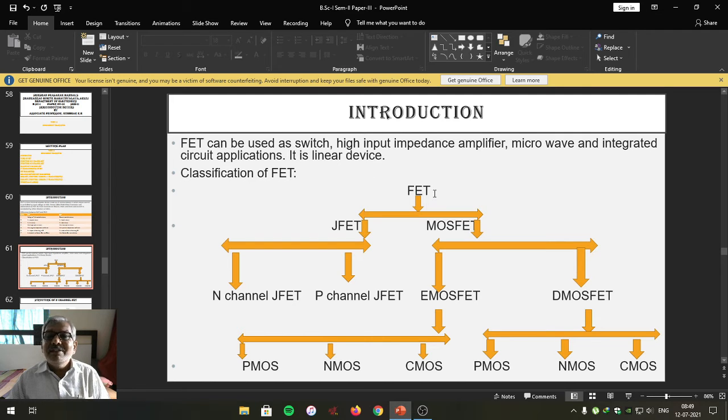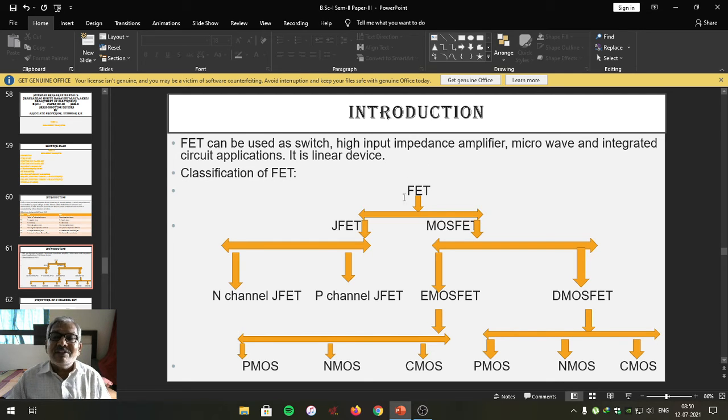It has three terminals, namely source, drain and gate. Output current is controlled by means of an input voltage or field. Such a device is a field effect transistor in which current is conducted by only one type of charge carriers, either holes or electrons.